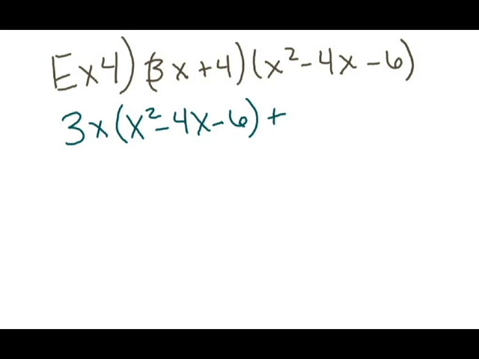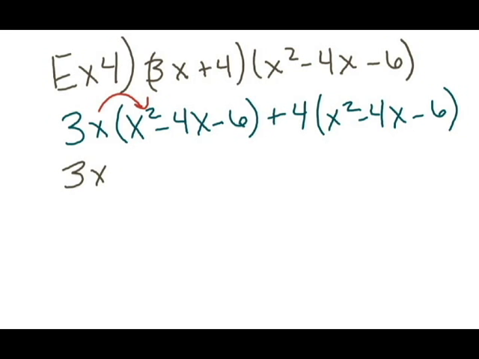Then we're going to take the 4 and multiply it into the same trinomial and start the distributive property. 3x times x squared will be 3x cubed. 3x times negative 4x will be negative 12x squared.